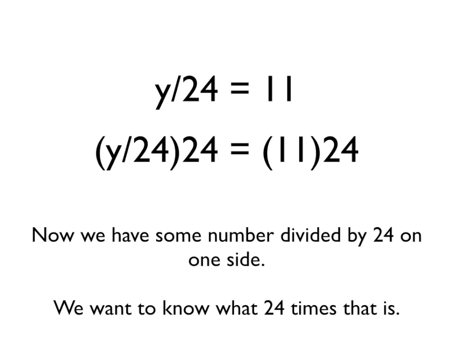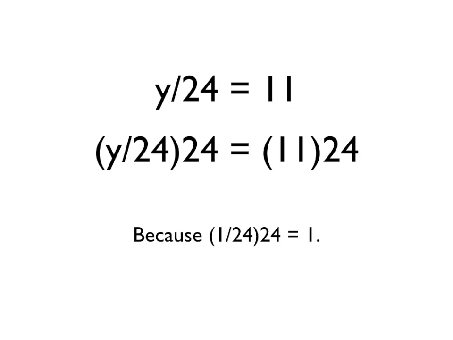All right. We got a 24th of something. We need that 24 times to make the something, to make the y. So we multiply by 24. Another way to think about it is like a 24th times 24 is 1. So we're left with like the 1y.